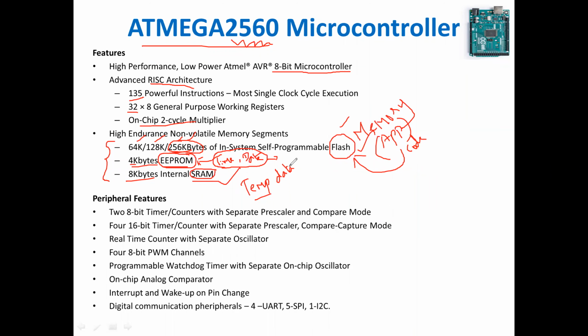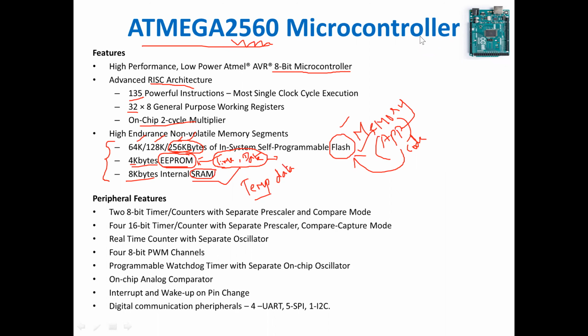And EEPROM, I told you, is very specific for a few applications where some data is to be sequentially taken and put on the display. You can use EEPROM. If you want to erase this PROM, you can erase it and code it again.